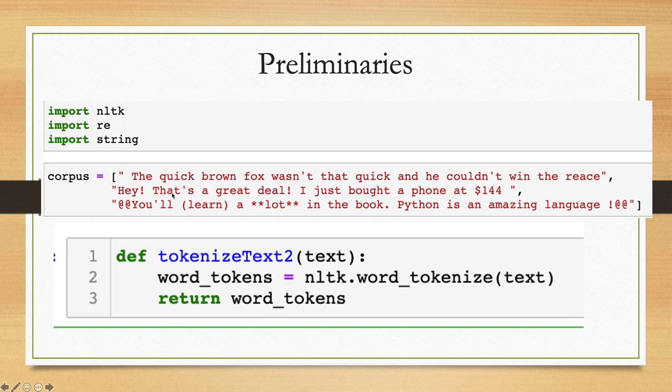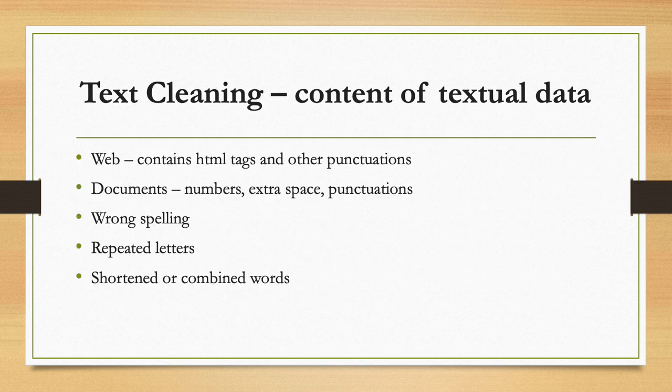We also have different punctuation, the apostrophe and the exclamation point. We also have other punctuation such as the parenthesis and the asterisk. So this is a very basic example of a corpus.